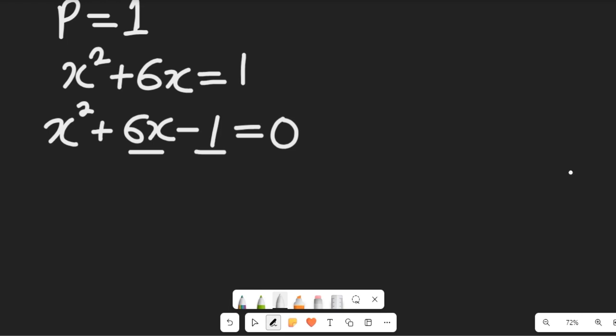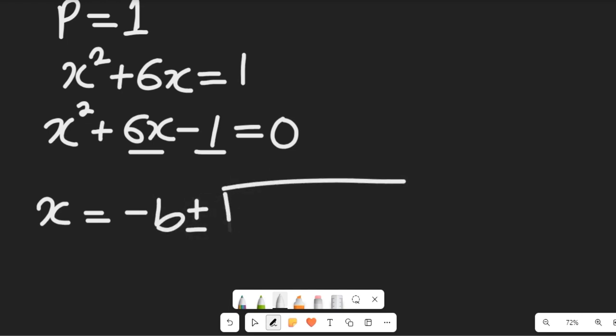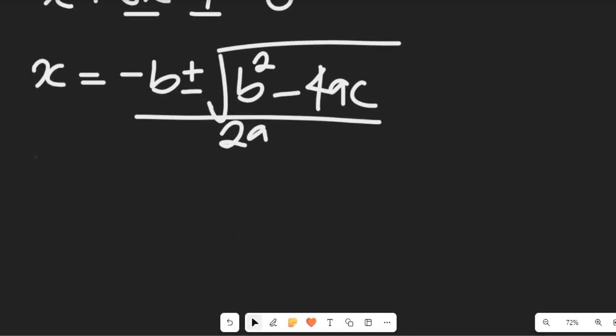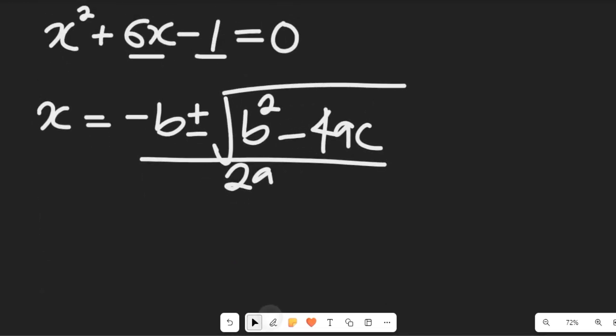So we're going to use the quadratic formula. x is equal to negative b plus or minus the square root of b squared minus 4ac, all divided by 2a. Now recall, from this expression, a is equal to 1, b is equal to plus 6, and c is equal to negative 1.